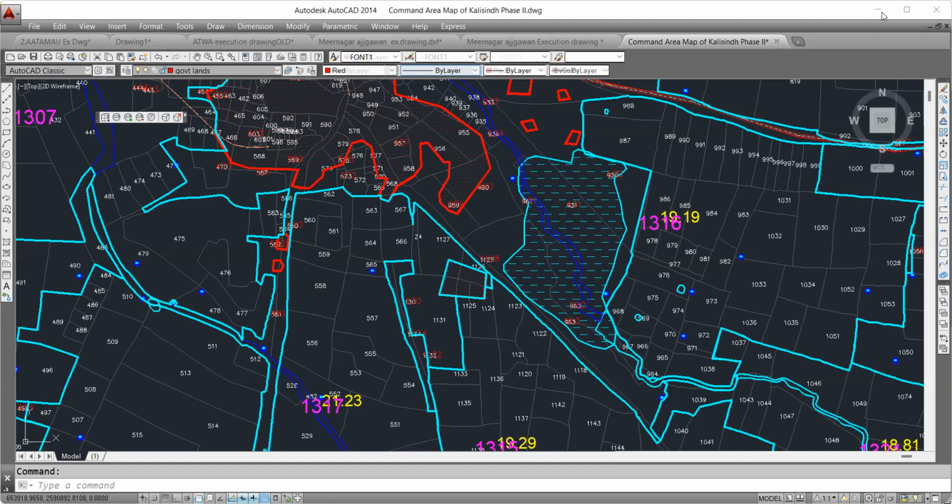Everyone can easily understand it, and it is mostly used for the irrigation sector, and also for water supply projects. Nowadays irrigation projects and water supply are most useful in private and public sectors.